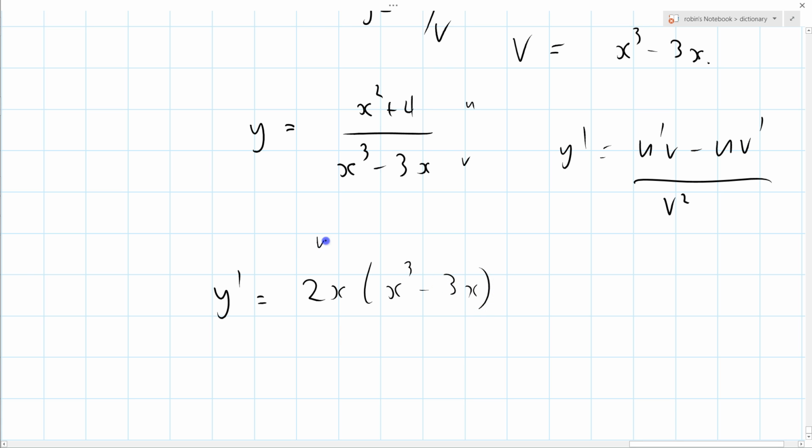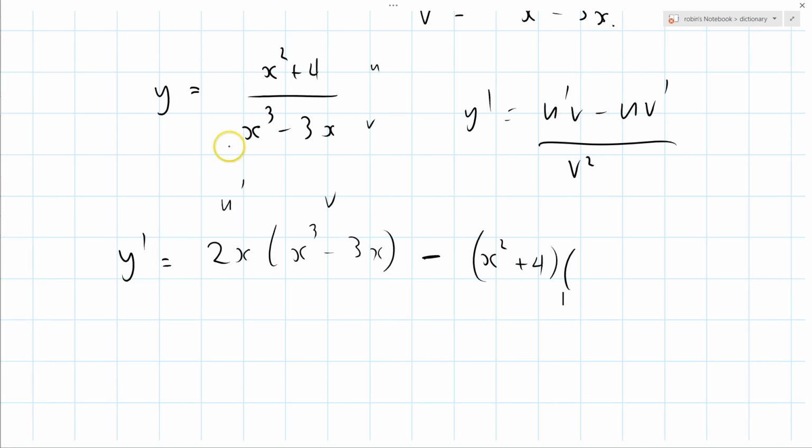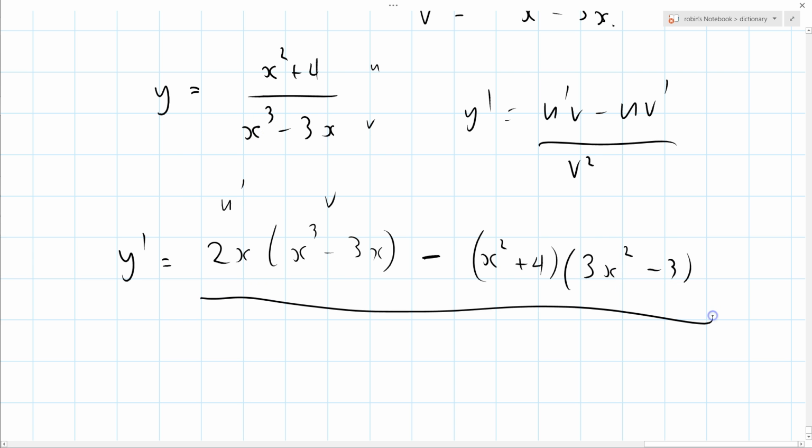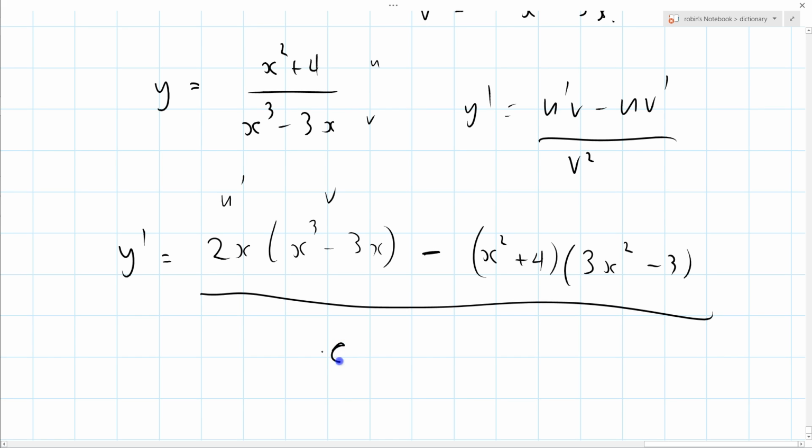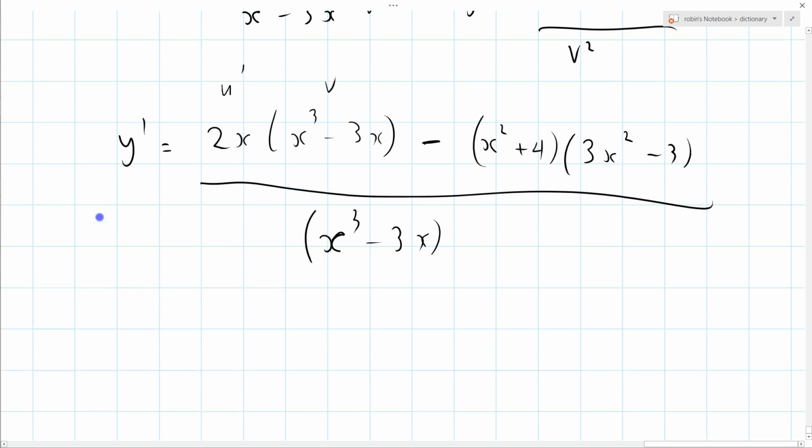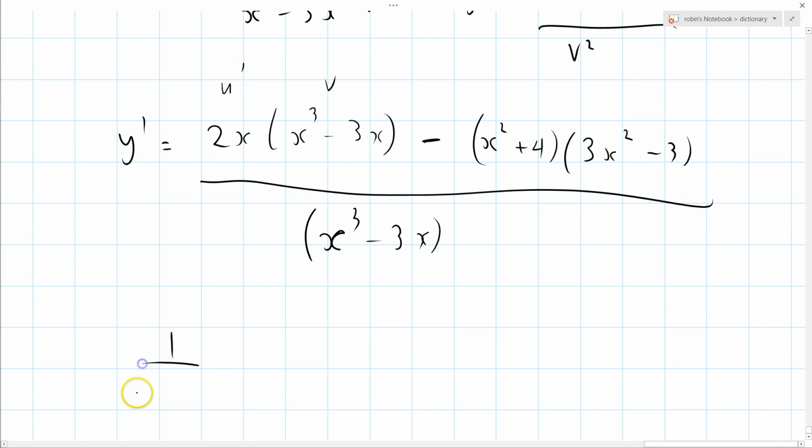That's u dash v minus u v dash. So u is x squared plus 4 times v dash, it's 3x squared minus 3, over v squared, which is x cubed minus 3x. So it's 1 over x cubed minus 3x times, what's this one?